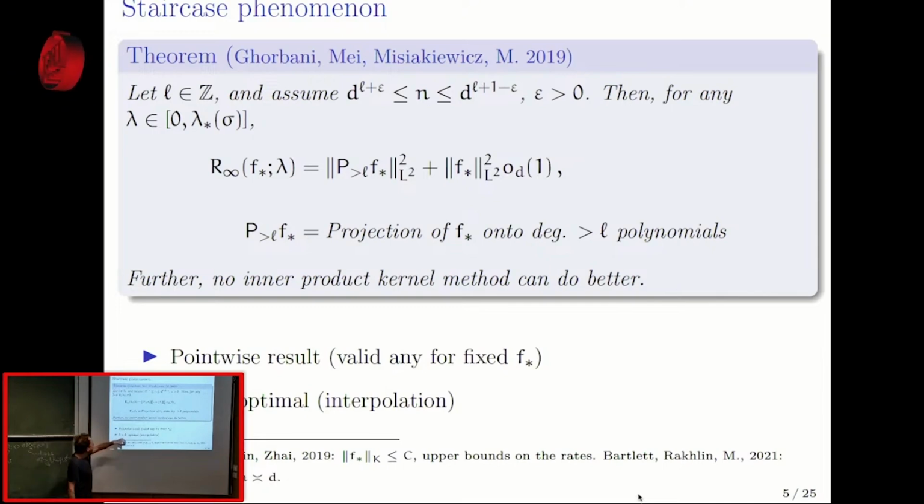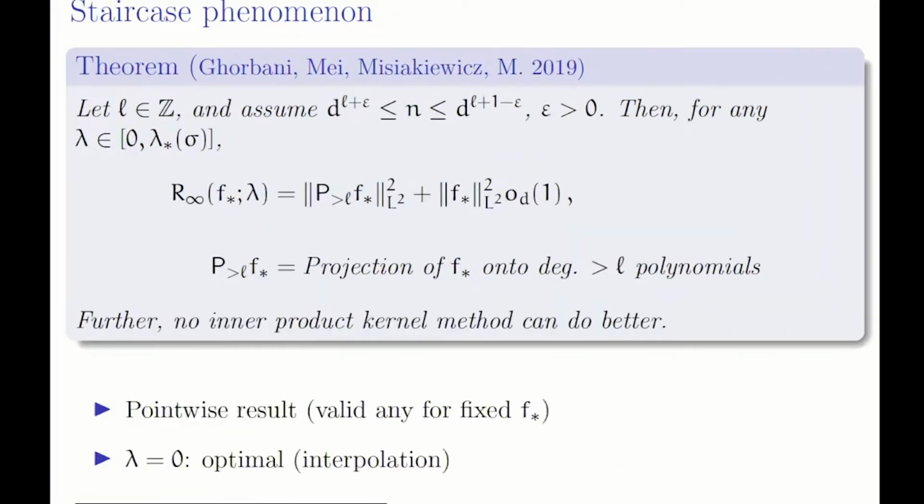First of all, why this relation between n and d to the L, and the degree L polynomial? Well, if you think about it, to specify a degree L polynomial, you need roughly d to the L coefficients. So this is saying to you, as soon as the sample size is bigger than the number of coefficients, you are fine.